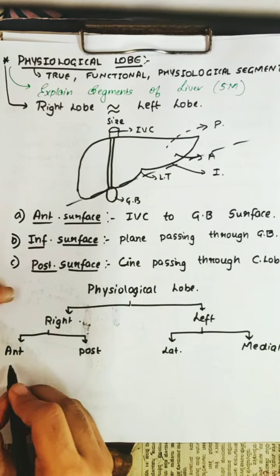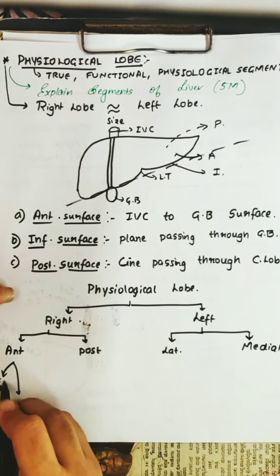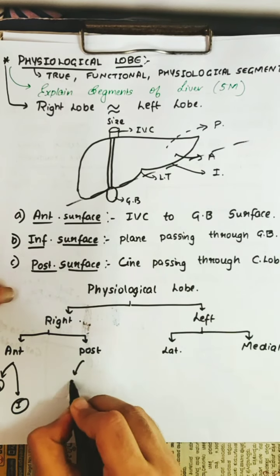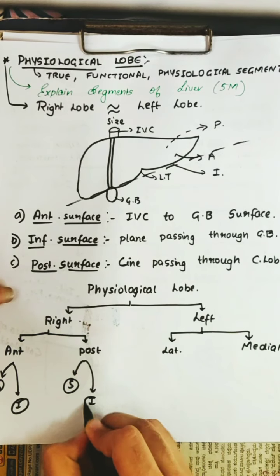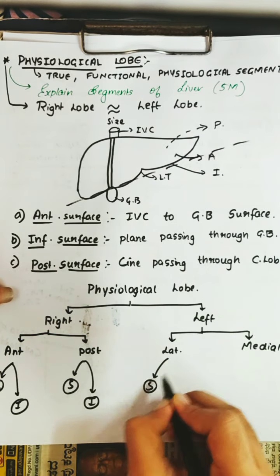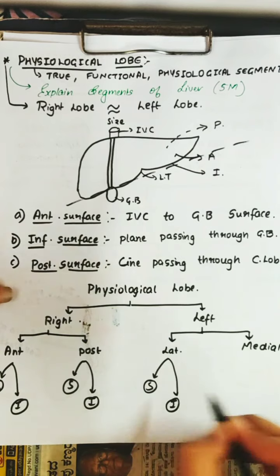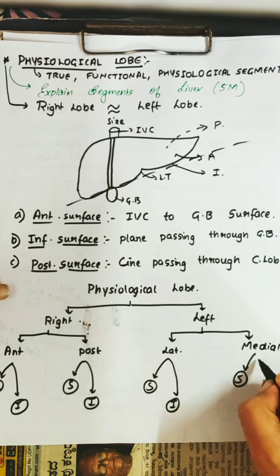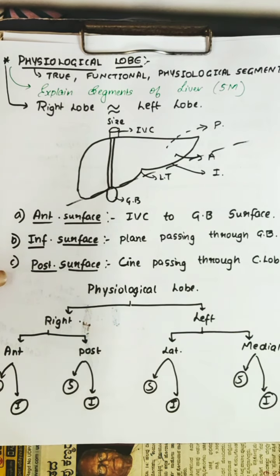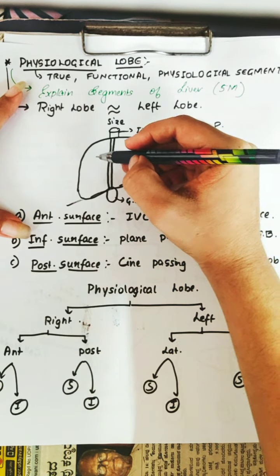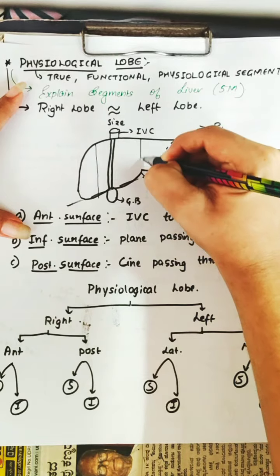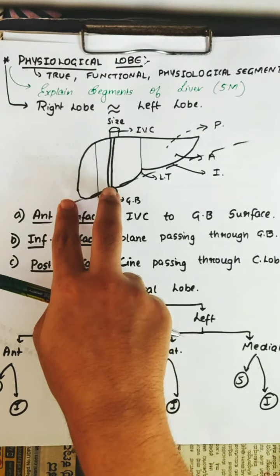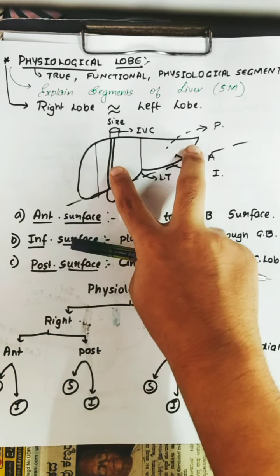Each is having superior surface as well as inferior surface. You can see in the diagram here. So it is divided like this. This is the right lobe as well as this is the left lobe.